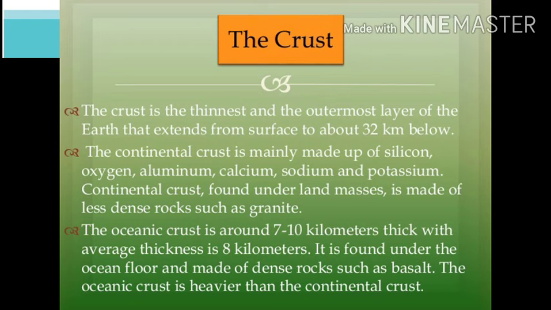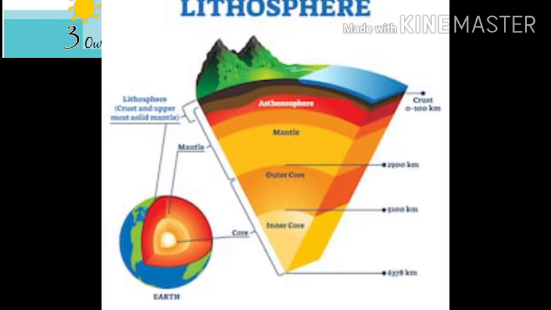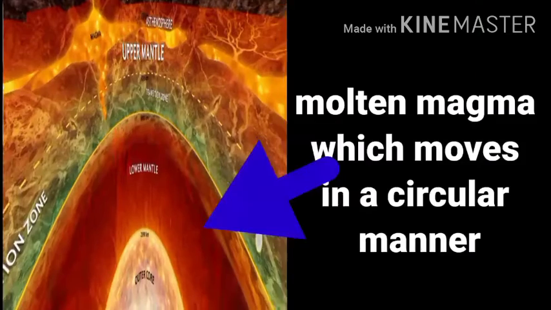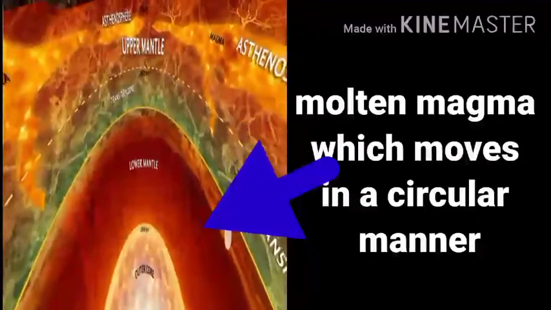The Earth's crust consists of several large and some small, rigid, irregularly shaped slabs, which are called lithospheric plates. These plates keep moving, but the movement is very slow, just a few millimeters each year.